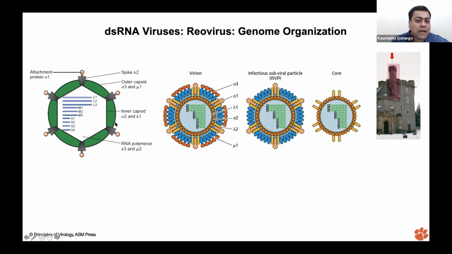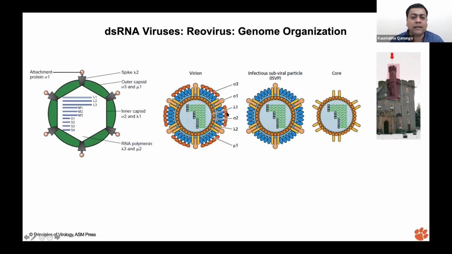You can see right here that the outer capsid is made up of sigma 3 and mu1, and the inner capsid is made up of sigma 2 and lambda 1. And under each of these 12-fold vertices, although it is in 2 dimensions, the RNA polymerase actually stays right below these hollow turrets, made up of lambda 3 and mu2, the RDRP, and the guanylyl transferase, which make the RNA polymerase.